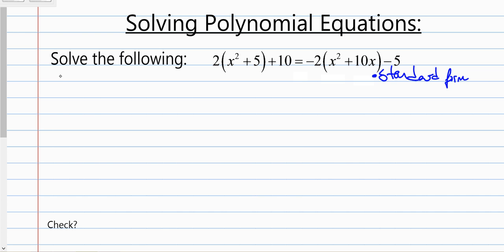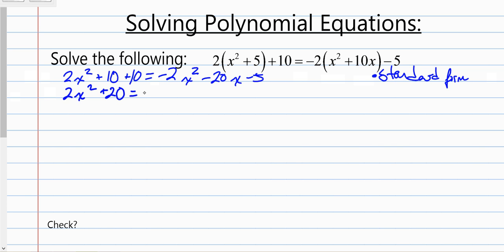So I'm going to have a 2x squared plus 10, and then I'm going to have another plus 10 on the side, should equal a negative 2x squared minus 20x minus 5. These 10s will combine, so I will have 2x squared plus 20 equals my negative 2x squared minus 20x minus 5.